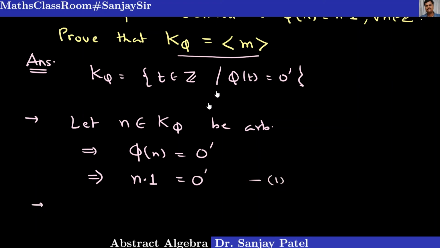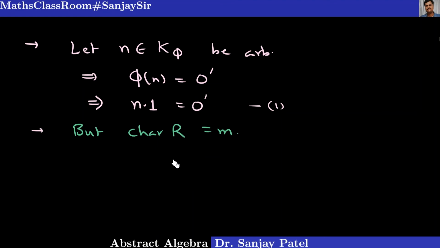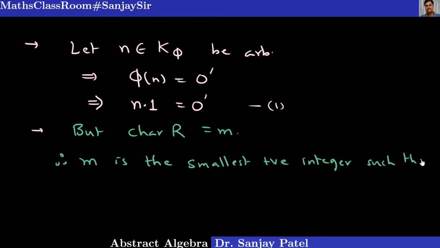But we are given that the characteristic of the ring R is equal to small m. If the characteristic of R is small m, and if R has unity, I can say that m is the smallest positive integer such that m into 1 is equal to 0.